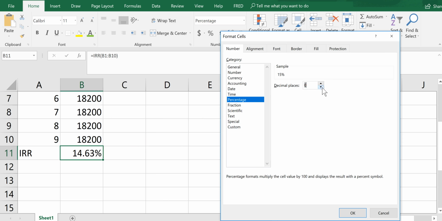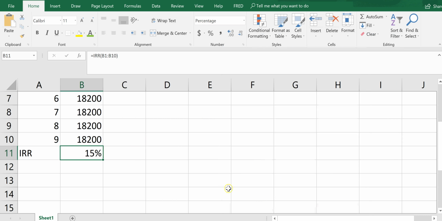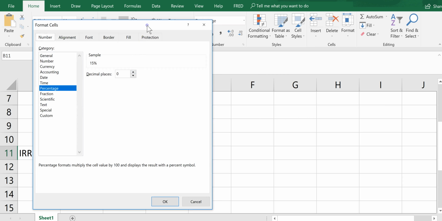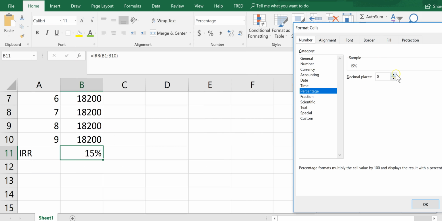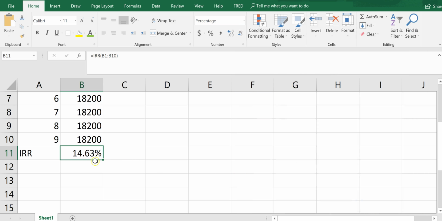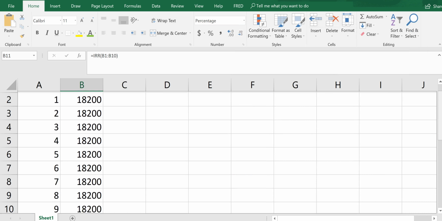Sometimes by default, Excel will just give you a number without any rounding, so you might have to change the formatting to get 2 decimal places. So that's the final answer, 14.63%. That's one way to get to this number.